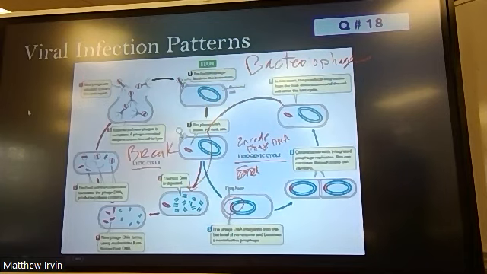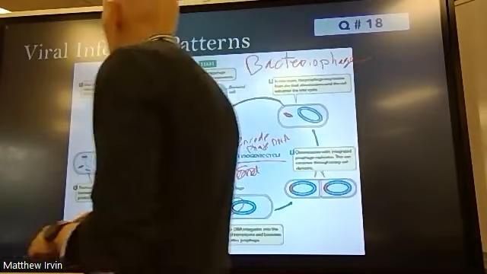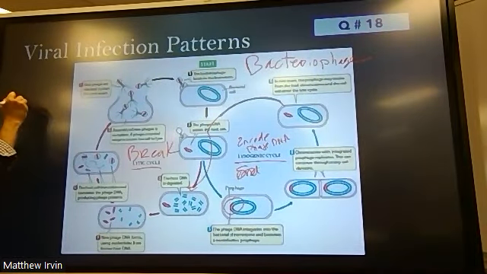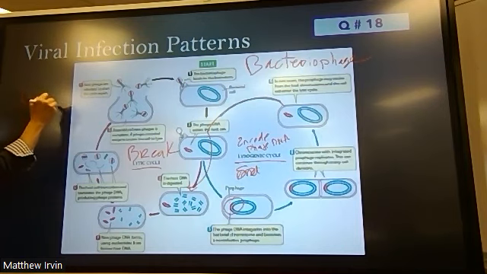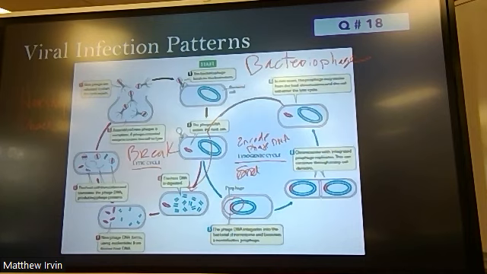Significant things that might show up, they might mention the Hershey Chase experiment. What did the Hershey Chase experiment show? Using the radioactive phosphorus, the radioactive sulfur, bacteriophages and the bacteria, it proved what?